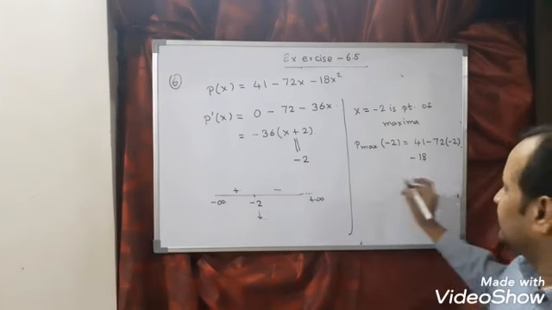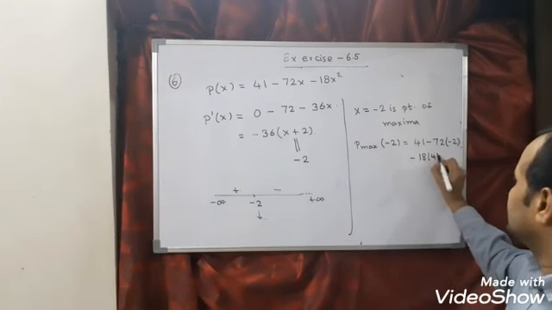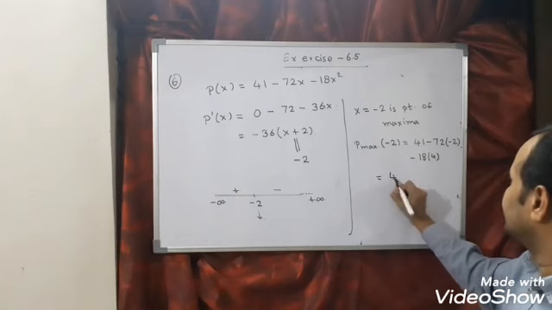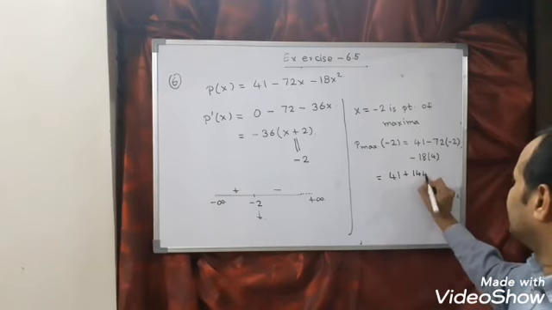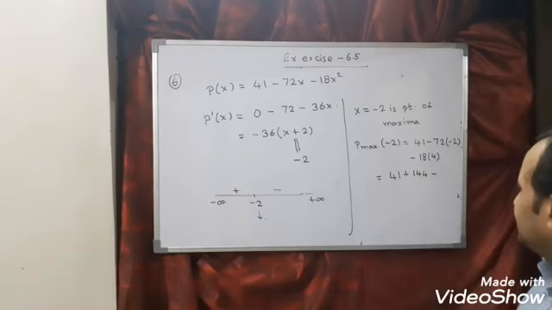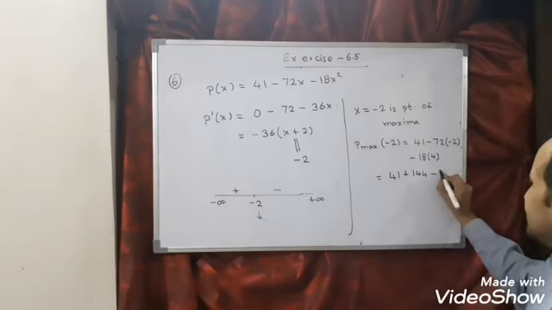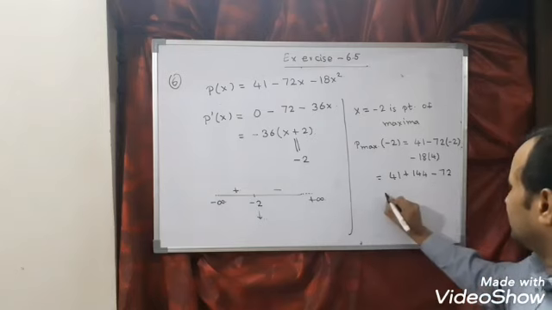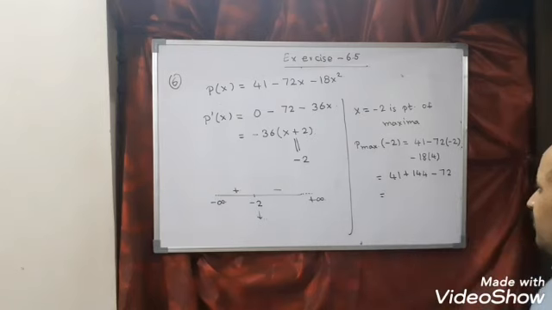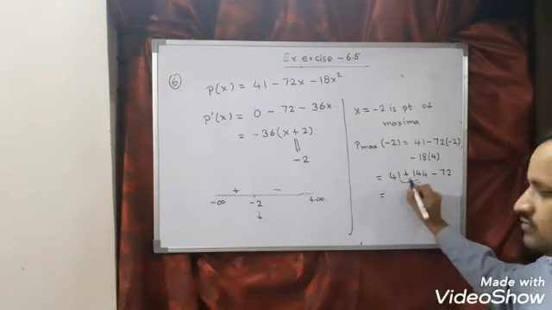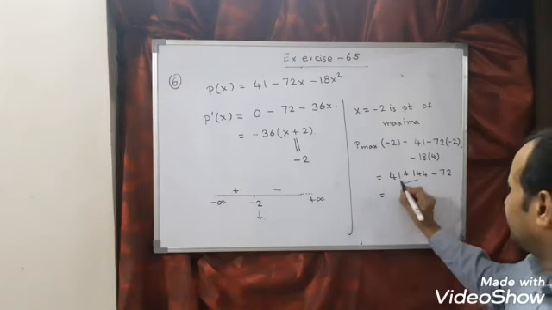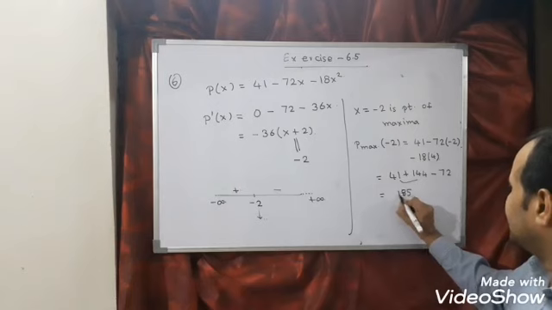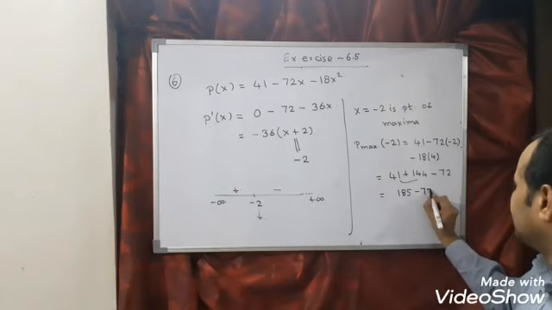So what is x square? I can say it is 4. So calculate. So this is 41 and this is plus, I think it is 144, minus 18 into 4, it is nothing but I think 72. Yes or no? So 41, so add this. So 4 plus 1, 5 will come, and 8 will come, 185 minus 72.